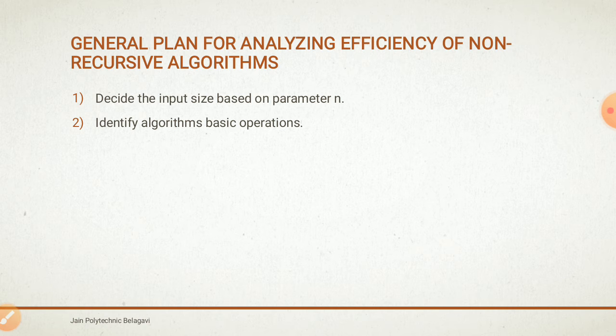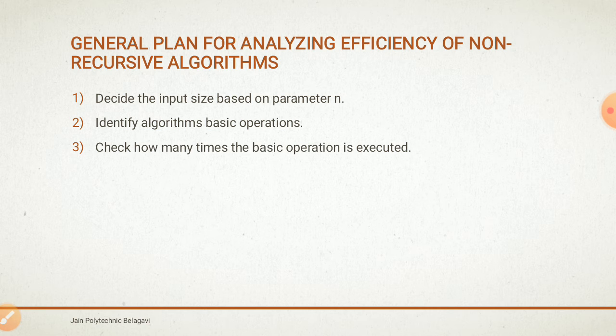Then next, we have to check how many times the basic operation is executed. Then find whether the execution of the basic operation depends upon the input size n or not.